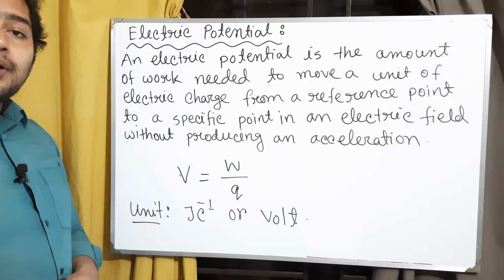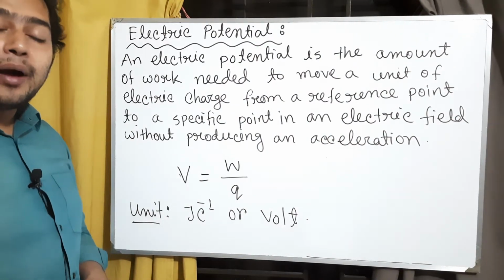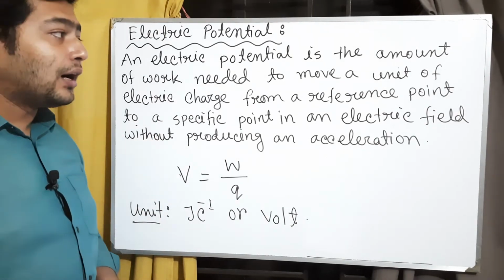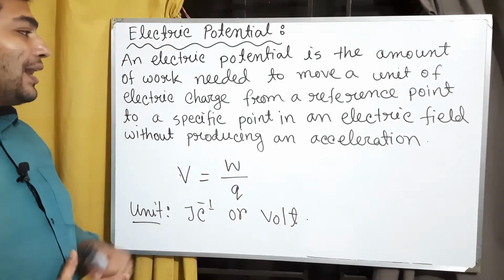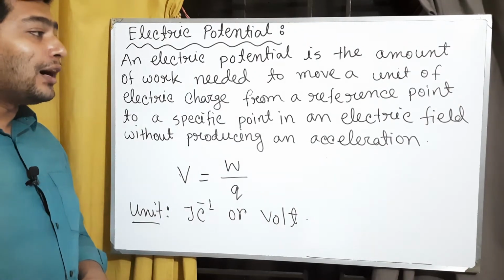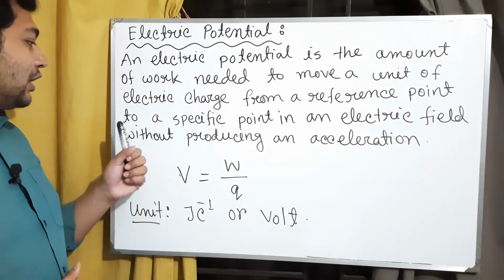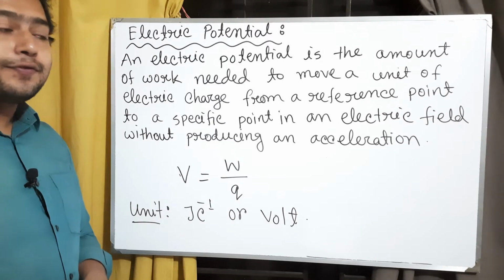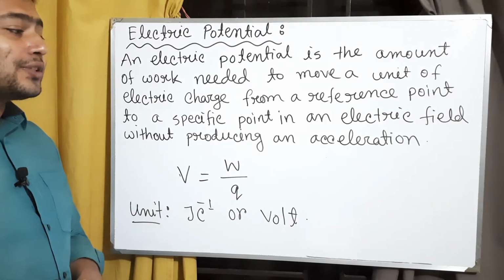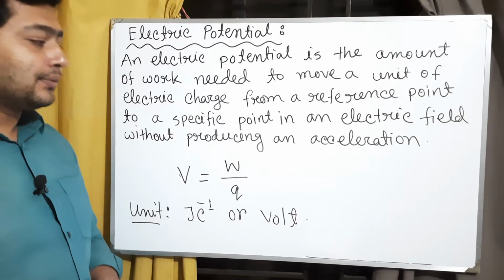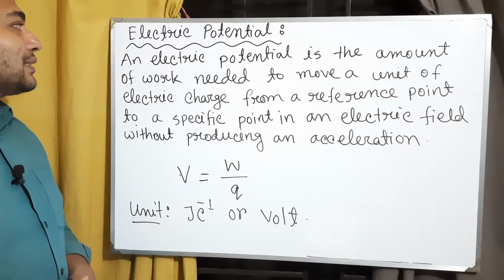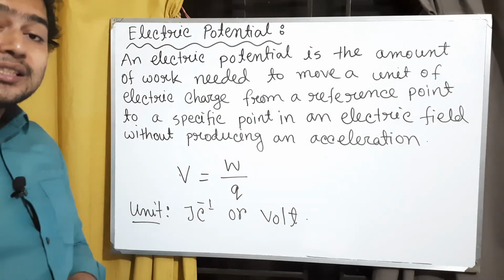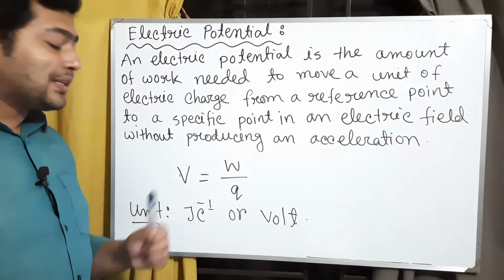Electric potential is the amount of work done needed to move a unit of electric charge from a reference point to a specific point in an electric field without producing an acceleration. Electric potential is denoted by capital V.